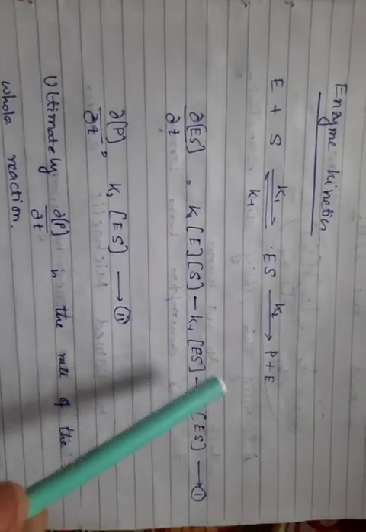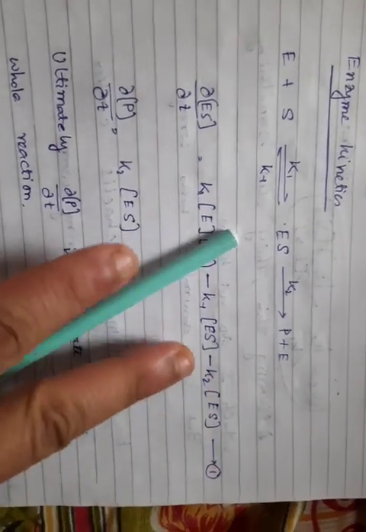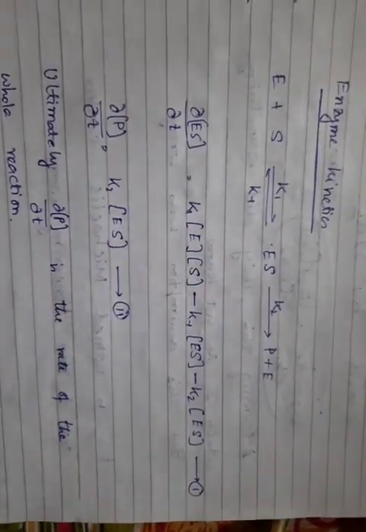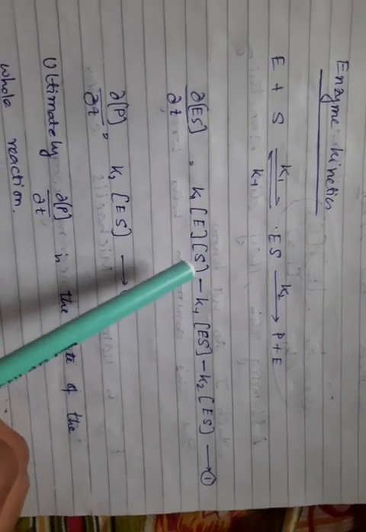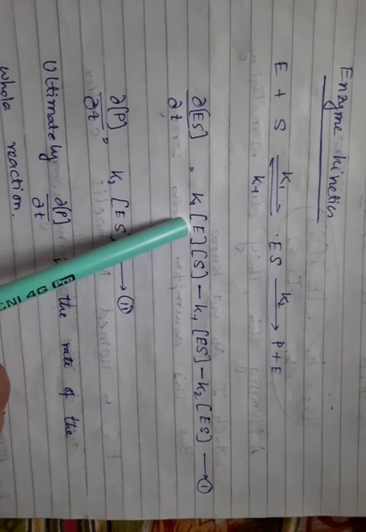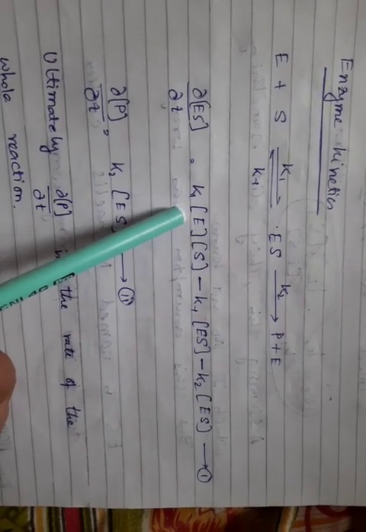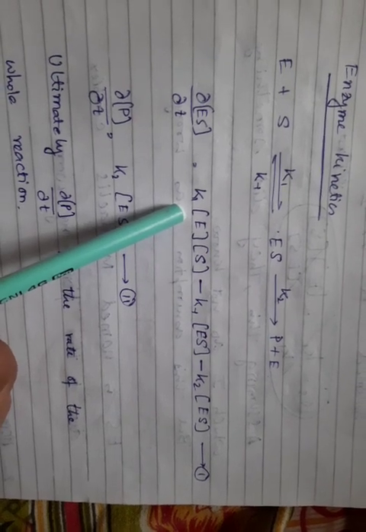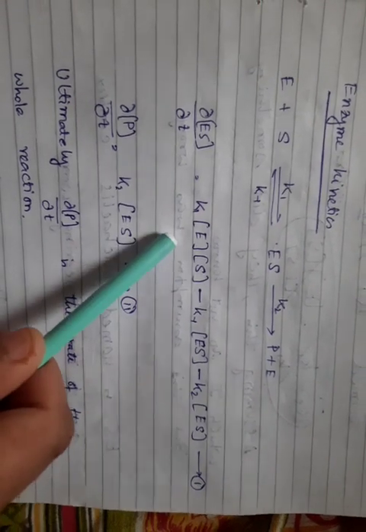But one thing, it is only one equation, and from one equation, if two variables are unknown, then we cannot find the value of one. Here E is also unknown, because E is the active enzyme concentration in between the reaction at a particular point, and we cannot know that.